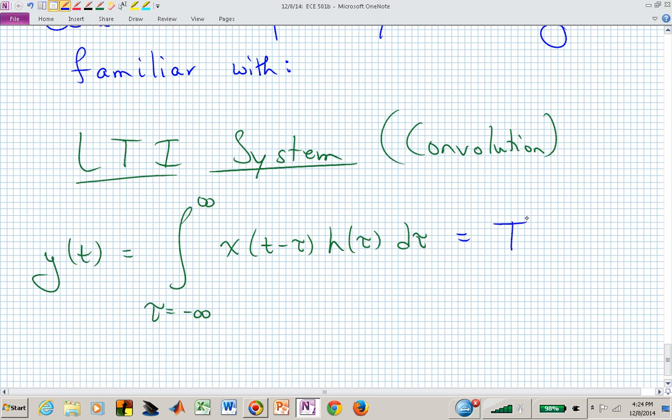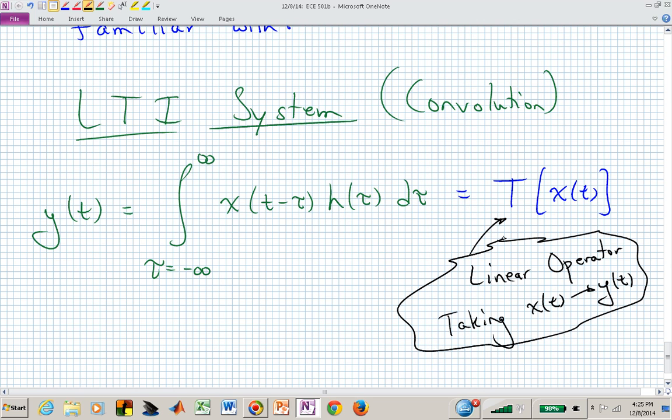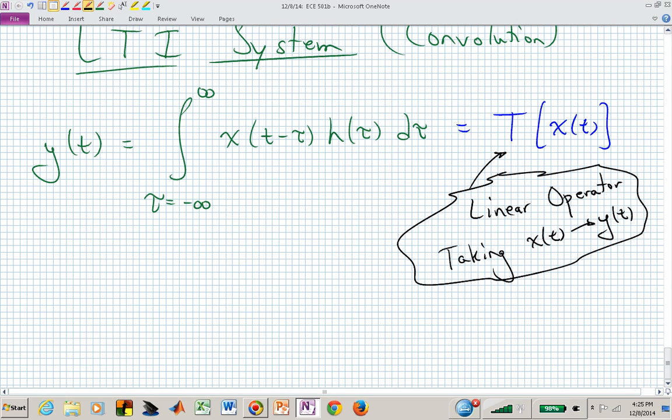And now what we want to do is call that some operator T operating on x of t. This is now our linear operator notation, and it's taking an input x of t into an output y of t. That's this notion of a linear operator.